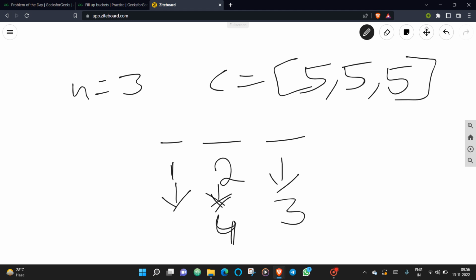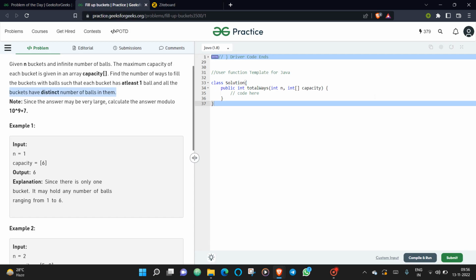So can I say that it has a total of 5 ways? For bucket 2, you don't need to consider the balls that are present in bucket 1. For bucket 3, you don't need to consider the balls that are present in bucket 1 and bucket 2. So it is a simple combination problem.